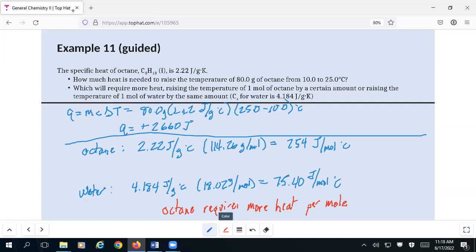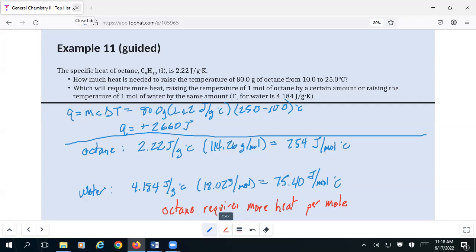So if you find a question like that, where it's asking you to do a direct comparison, you don't need to get too deep into specifics there. It didn't say which requires more heat, raising a mole of octane by 8 degrees versus a mole of water by 37 degrees.